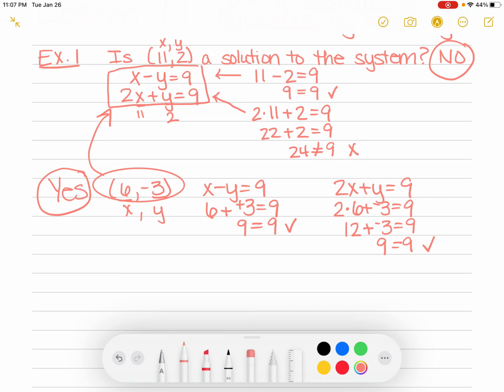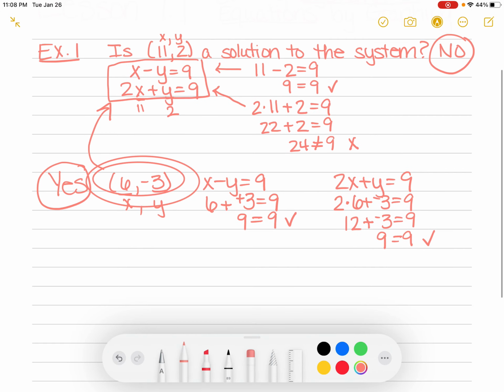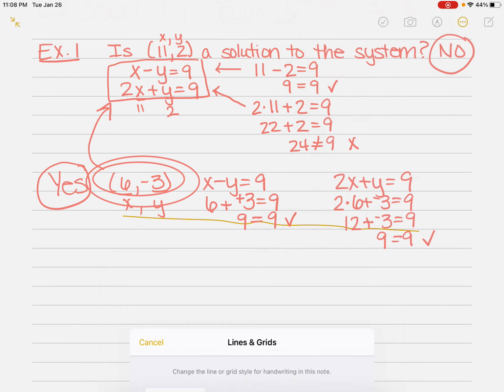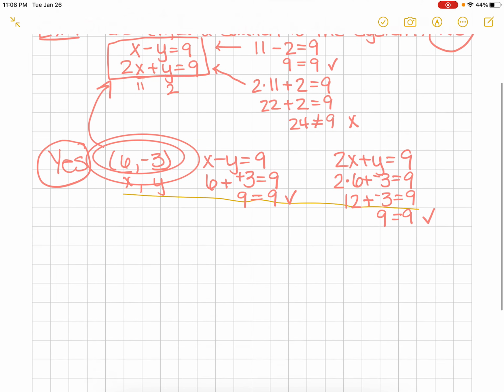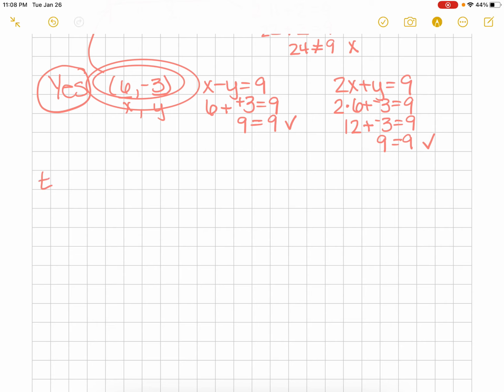But what we want to know is how to find this answer, (6, -3), how to know when a point is going to work for both of them. We don't want to just go around guessing because that would take us forever, right? So let me show you how we're going to do that with graphing. So our next point is going to be example 2.